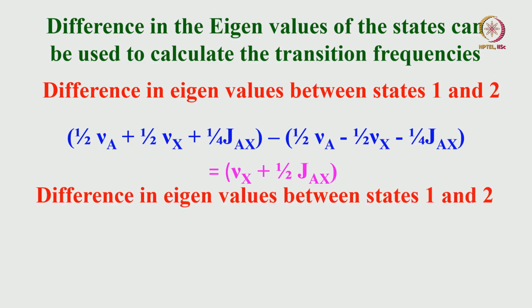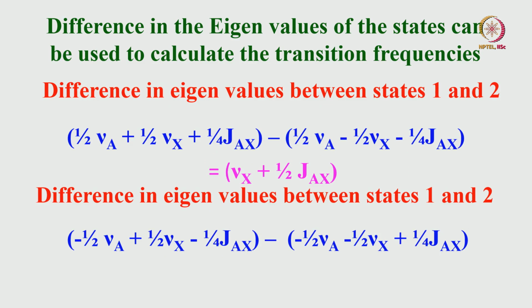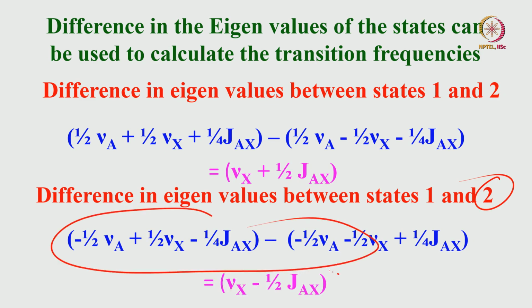Sorry, not 1 and 2, this should be different. This number is a mistake from cutting and pasting. It is not this 1 and 2, it is different, and if you calculate that difference, it will turn out to be nu X minus half J AX. So, for the X spin there are two transitions, one is plus half J AX, the other is minus half J AX.